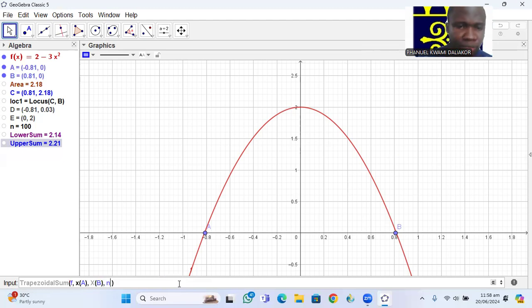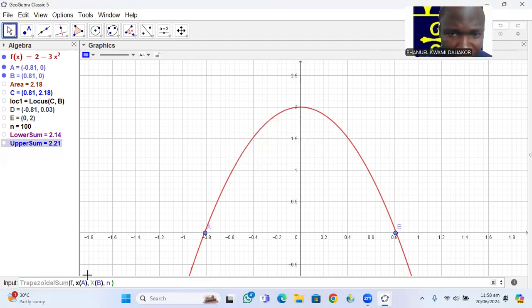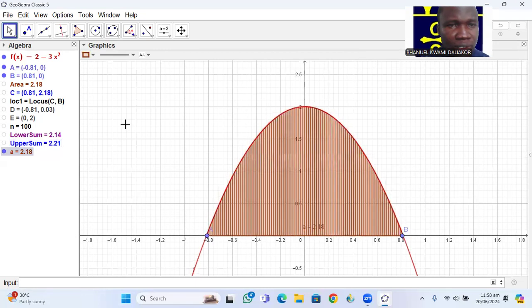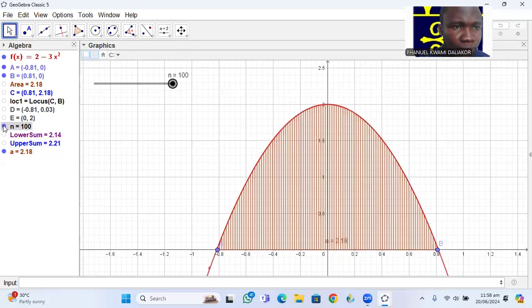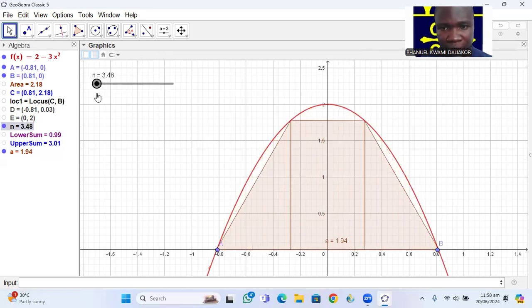What do you think? It will be n. So you do that. Okay, you know why? Because our S here has been capitalized, it should be small. Okay, when you do that, you have this. Let's see what happens when I reduce it. The trapezoids will be formed within the curve.